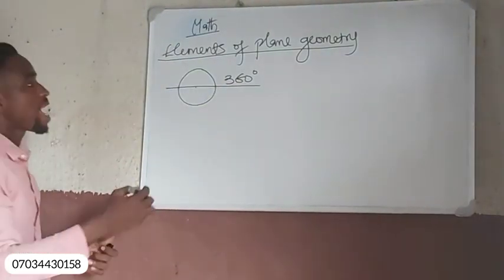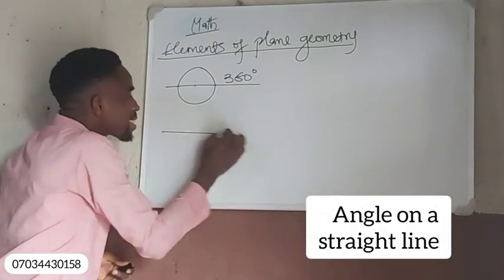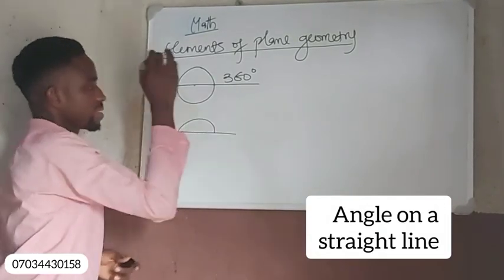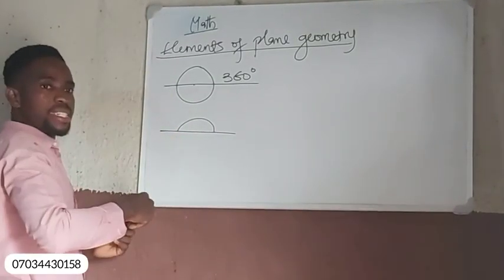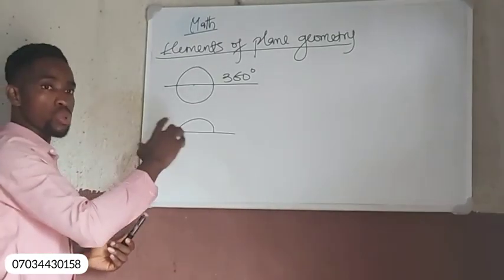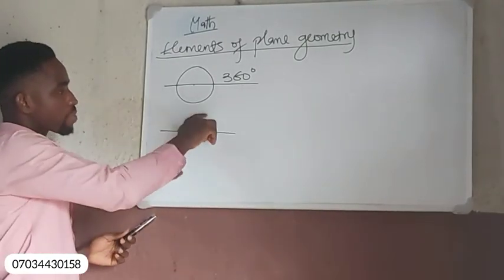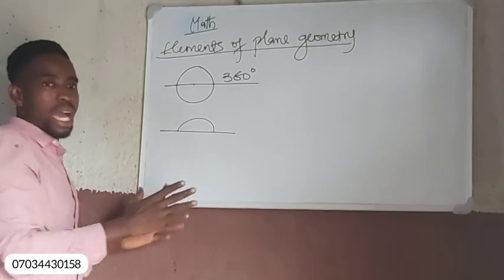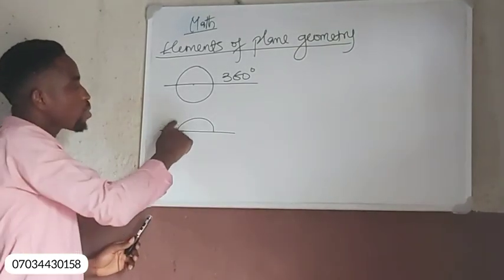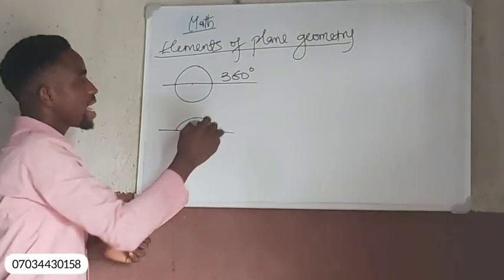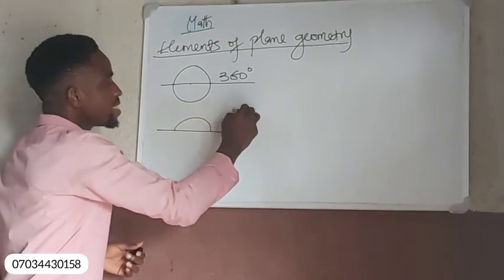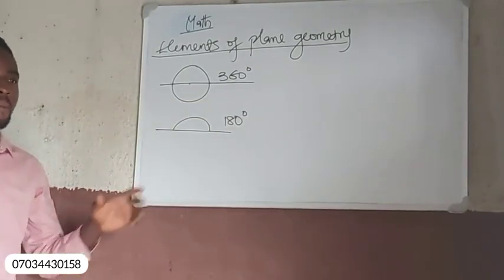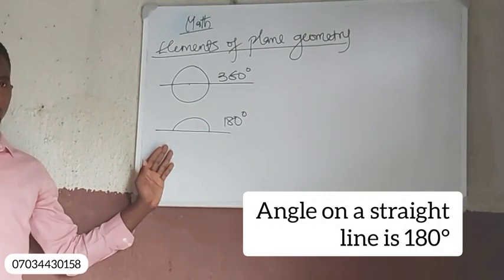And so we have angle on a straight line. So a straight line slices the circle into two equal parts. We now have angle on top and angle below. Any angle on a straight line is given the value of 180 degrees. So angle on a straight line is 180 degrees.